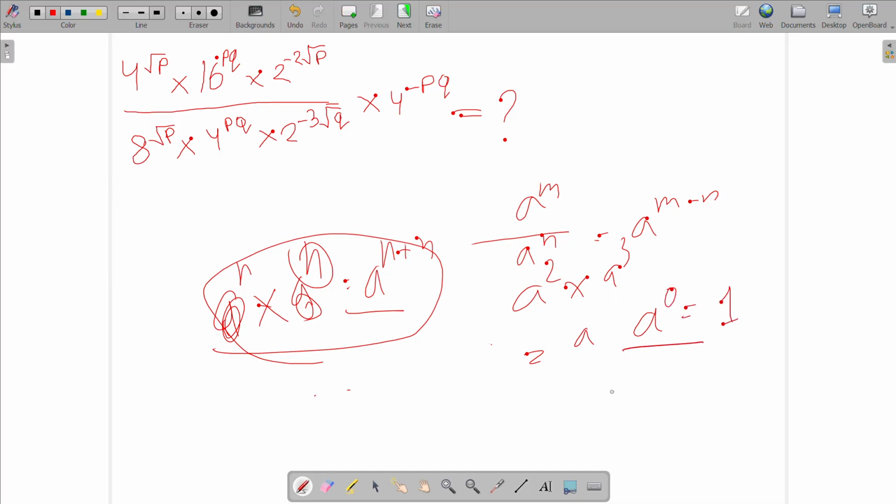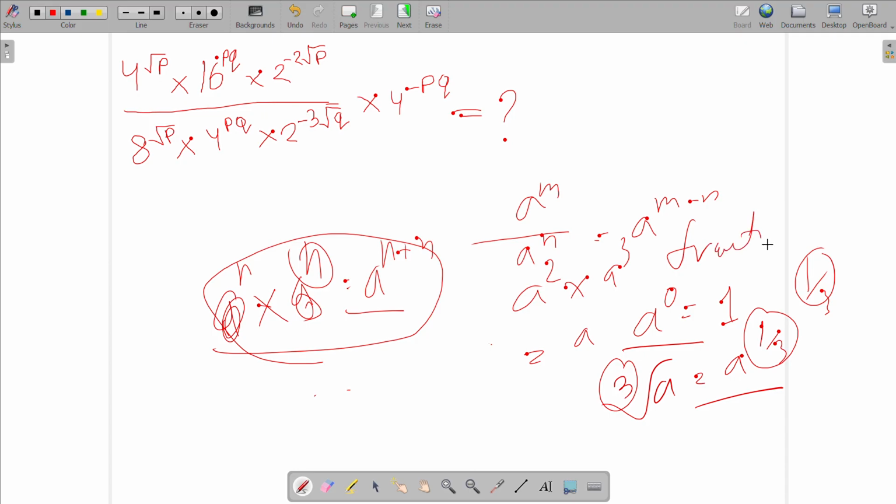And the cube root of a is a to the power 1 by 3, written in fraction format. The fraction makes it the opposite. What is the opposite of 3? It's 1 by 3. That's how we can solve the problem.